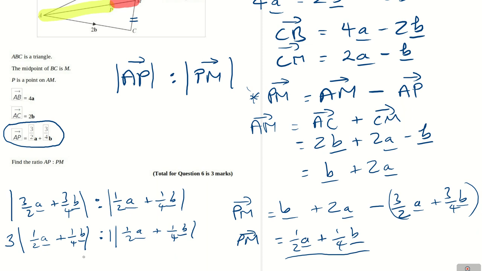So the final answer is just 3 to 1. So the ratio AP to PM equals 3 to 1.